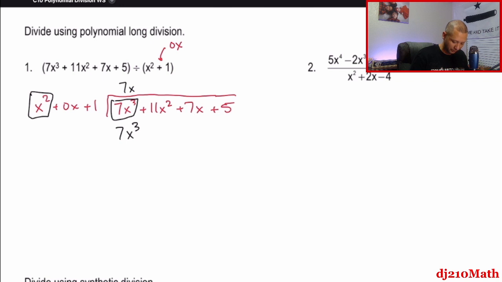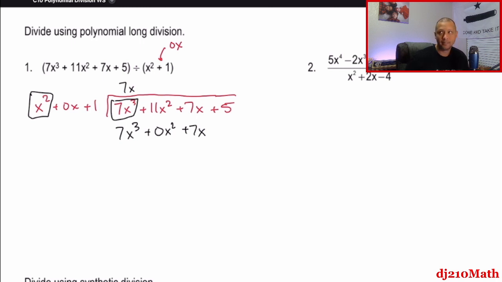7 times 0, well, that's just 0x squared. Then 7x times 1 will be plus 7x. So notice all the exponents line up. All the cubes are in line, all the squares are in line, all the x's are in line. If you forgot to put the 0x squared, then yours aren't going to line up, and you're going to have some issues.